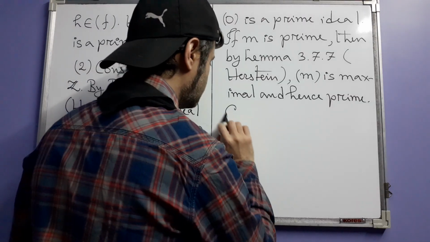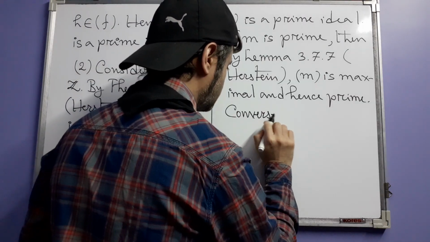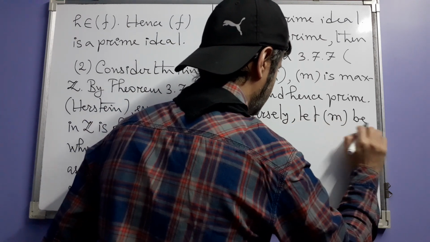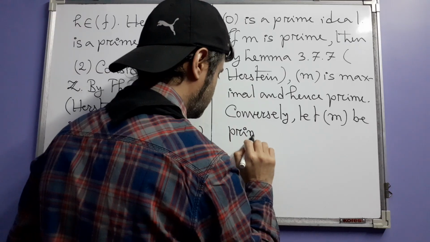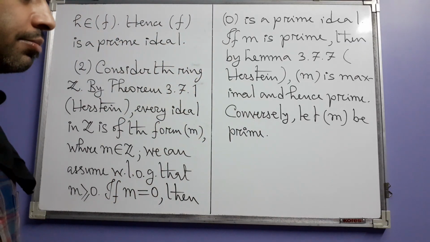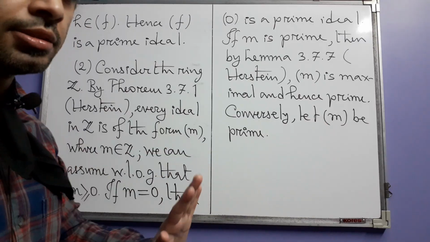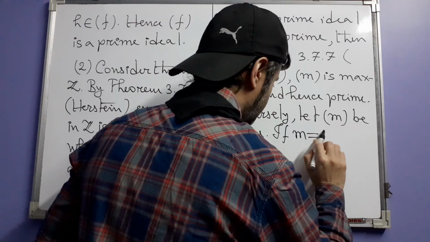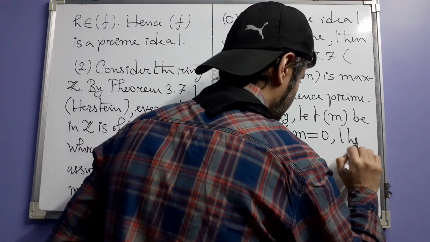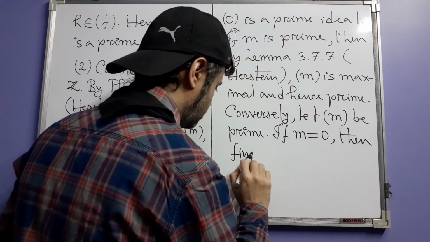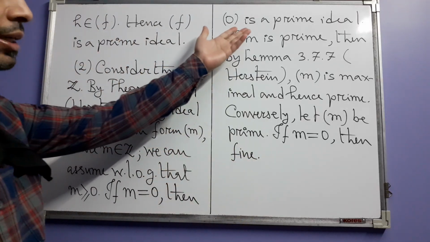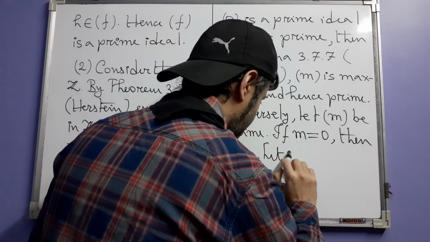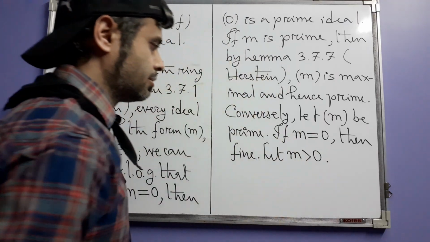Conversely, let the ideal m be prime. Okay, now the ideal is prime, that is our hypothesis. If m is equal to 0, then fine, because we have already indicated that 0 is a prime ideal. So let m be greater than 0.